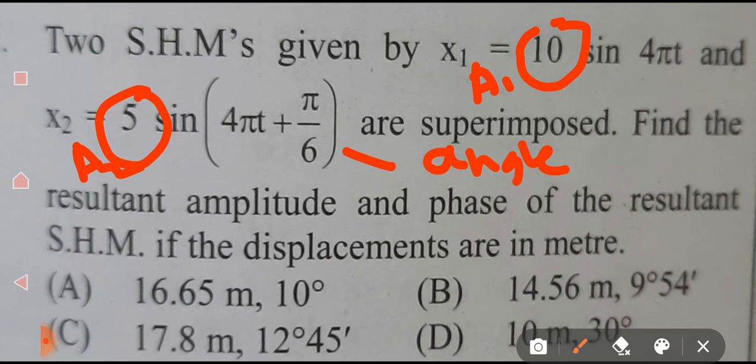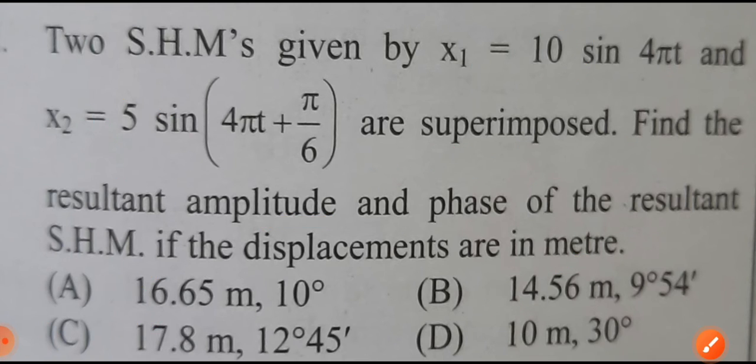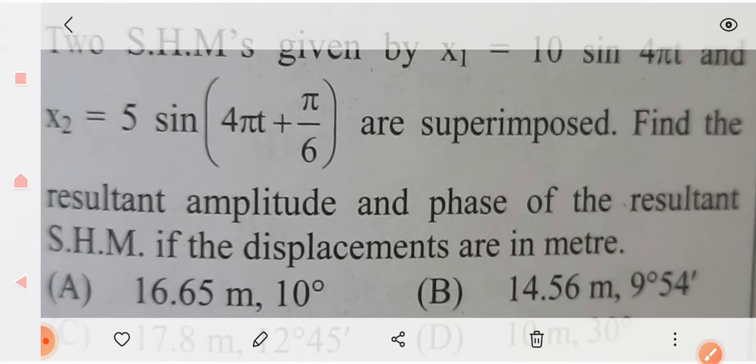We know the formula for the resultant amplitude: R equals under root A1 square plus A2 square plus twice A1 A2 cos phi. Friends, here the resultant amplitudes are different for each option, so if we get one correct answer, naturally it is not necessary to solve the others. From the first answer you will also realize which is the correct option. Now we'll go to the solution of this question.